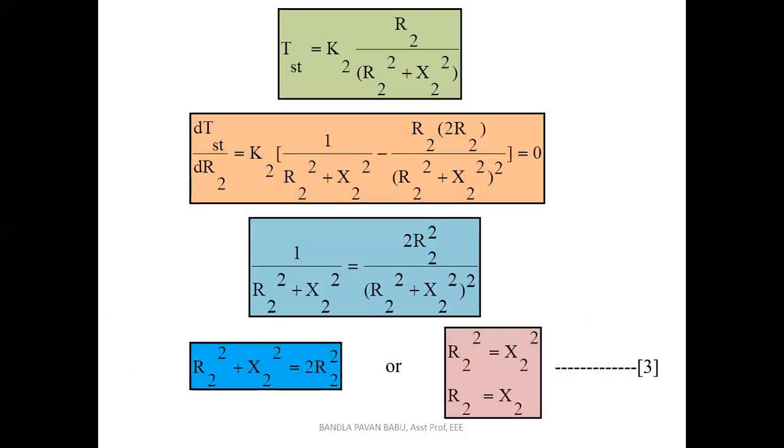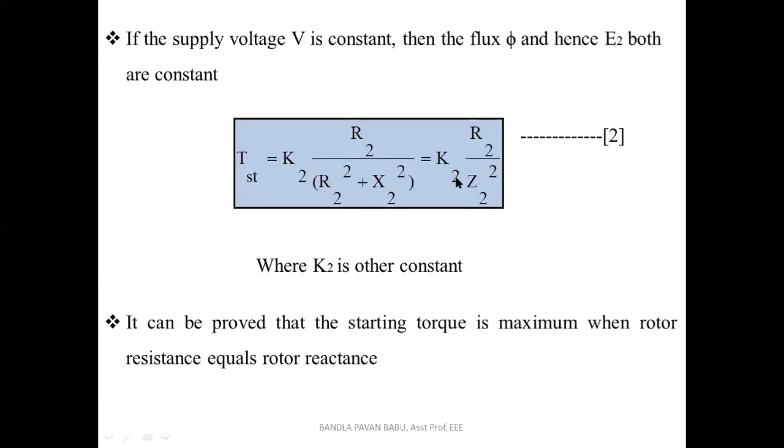Okay, right. So let us see. Consider the same equation we have seen earlier, where K2 is another constant, and R2 by Z2 square. Z2 square here is the magnitude, so Z2 means root of R2 square plus X2 square.